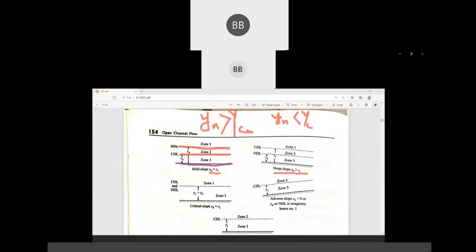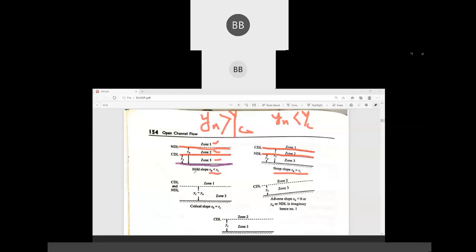So that is why the normal depth line is here, and the critical depth line is above the normal depth line for a steep slope. Each of the NDL and CDL divides the whole section into three zones: zone 1, zone 2, and zone 3.